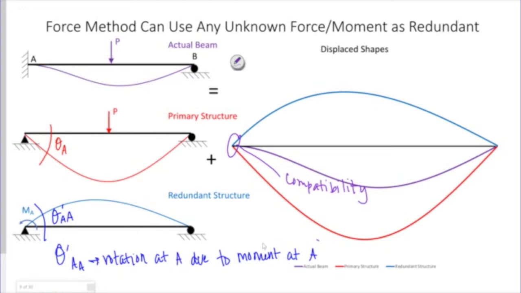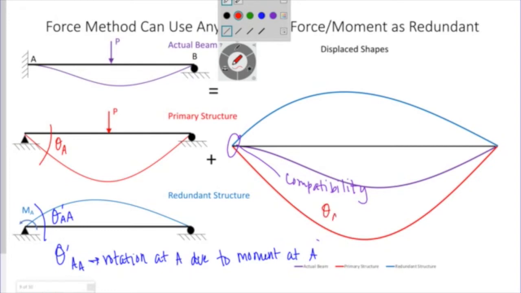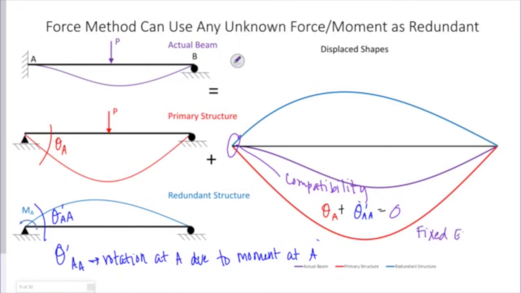So I want my rotation at A from my primary structure plus my rotation at A due to the moment at A in my redundant structure to be equal to 0 because it is a fixed end. Right?